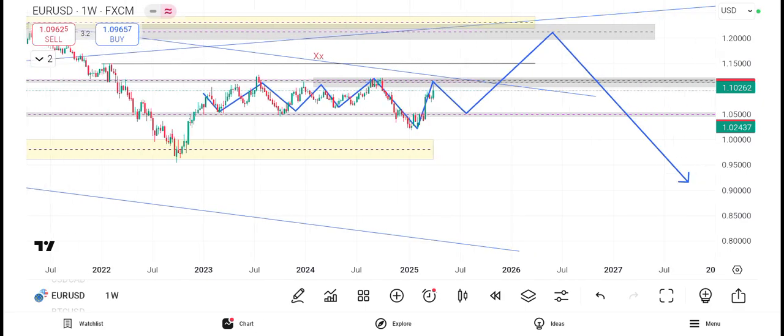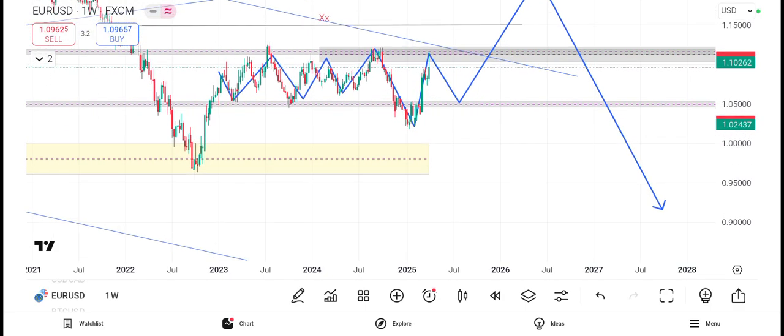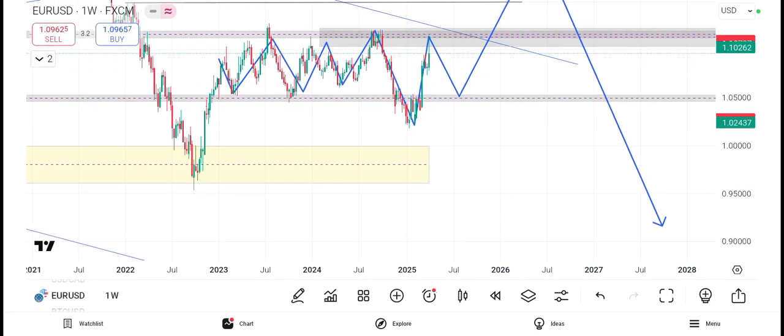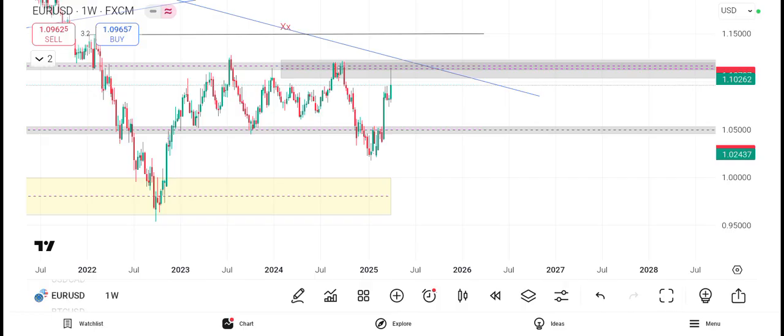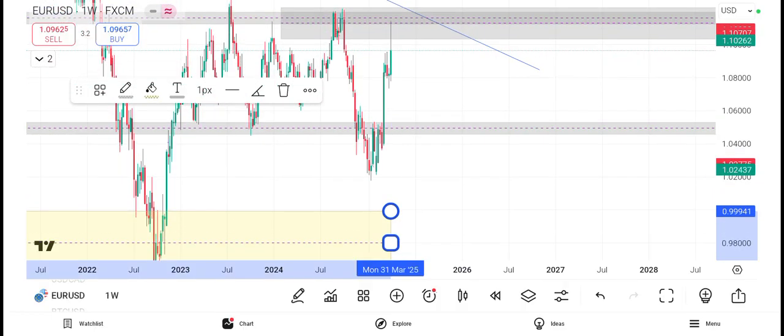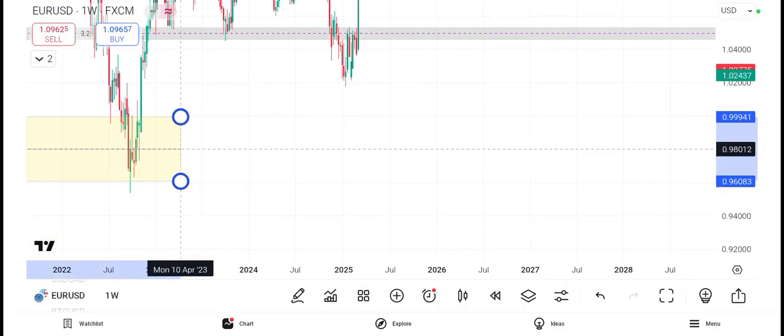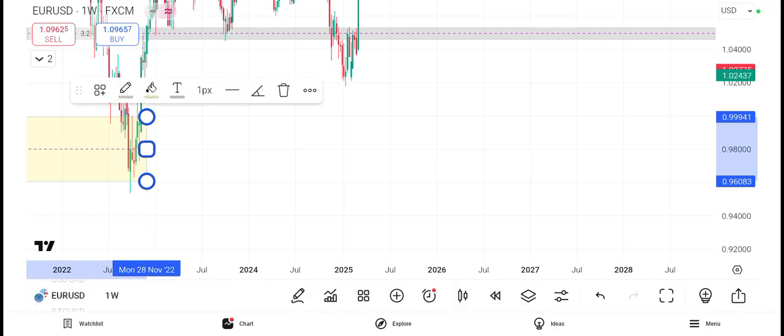We use both the retailer's ideas and the smart money concept to achieve the aim, which is to get profitable trading. So we trade everything.